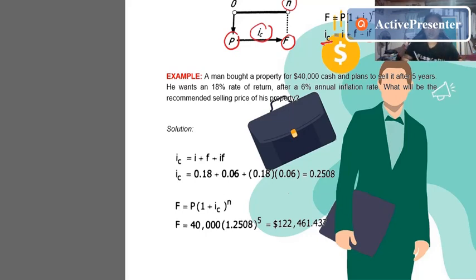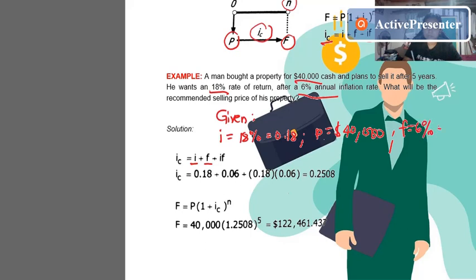First, we need to write our givens from the problem. The interest is 18% or 0.18, P is 40,000, and the inflation rate f is 6% or 0.06. Our unknown will be the selling price of the property.